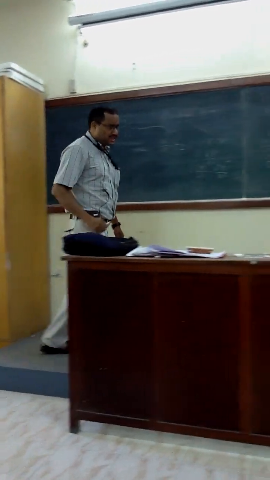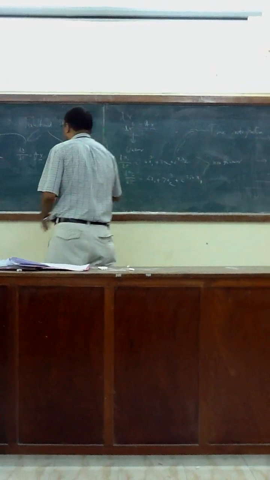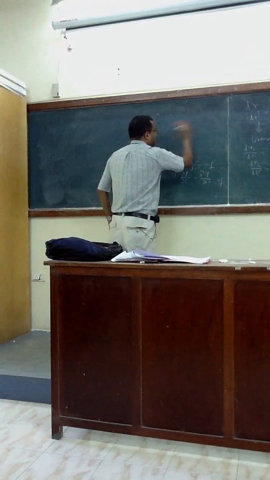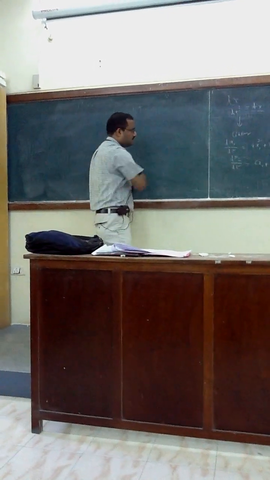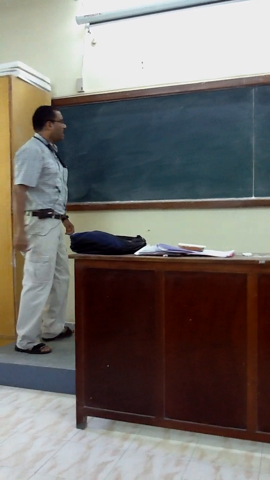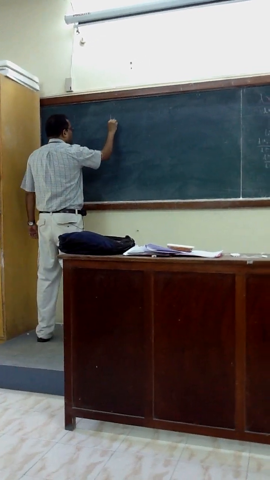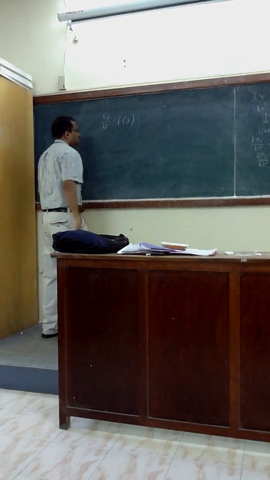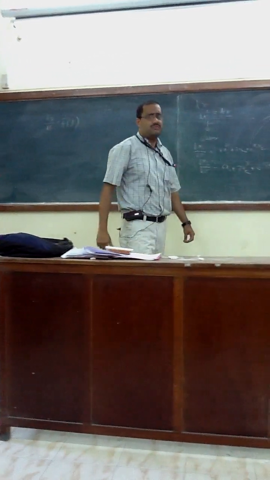Okay, let's discuss what I am going to address. So when you have dy/dt equals f of y, this is the autonomous system.